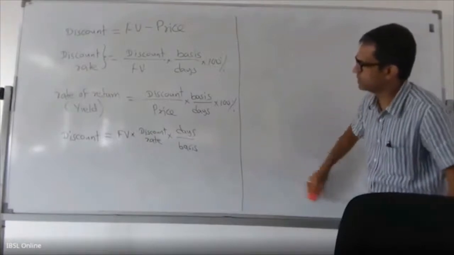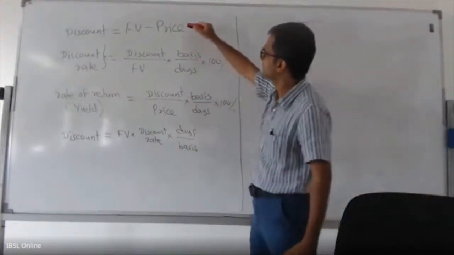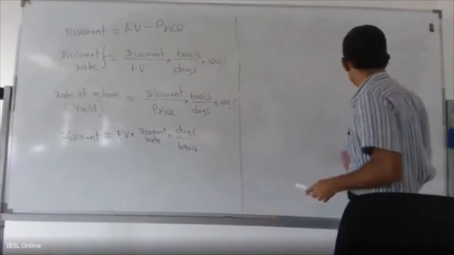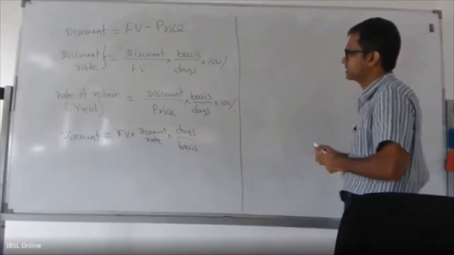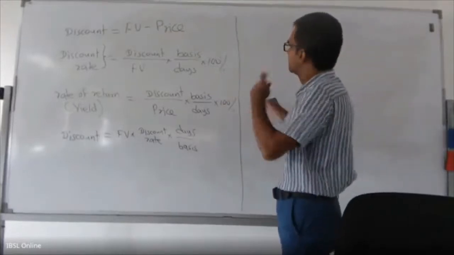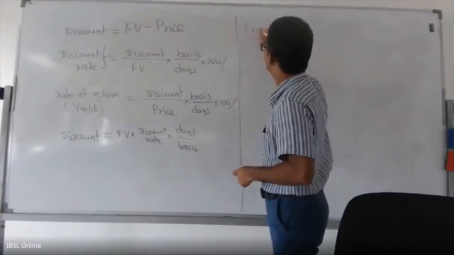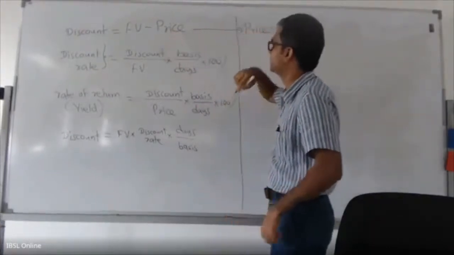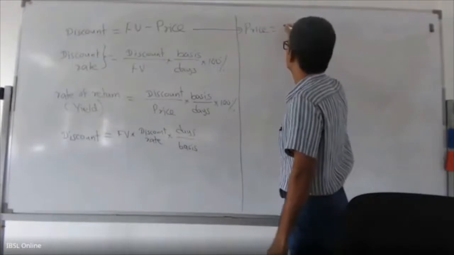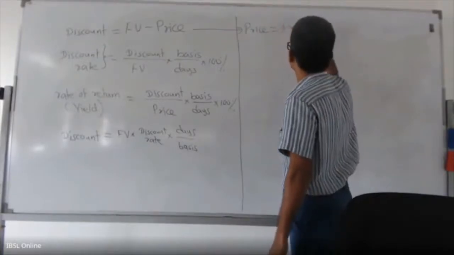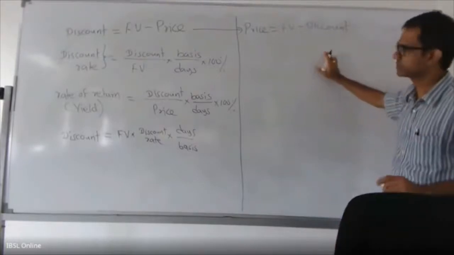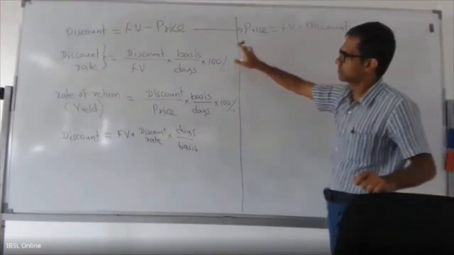So we can combine this and these two to get us the equation for the price. From this equation, we can write price as face value minus discount. Is this clear?